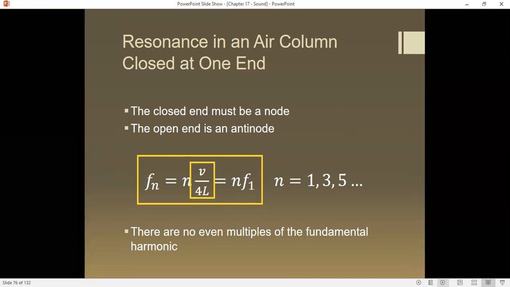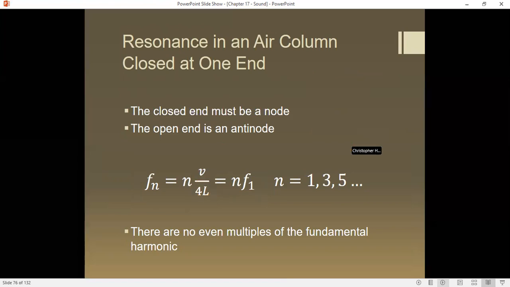Remember, for the fundamental, lambda 1 is going to be 4 times the length of the resonance tube. So that's where that 4L is coming in right here. Okay, so frequency is velocity over wavelength.